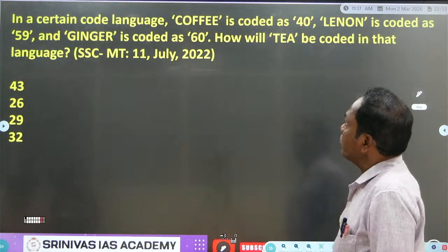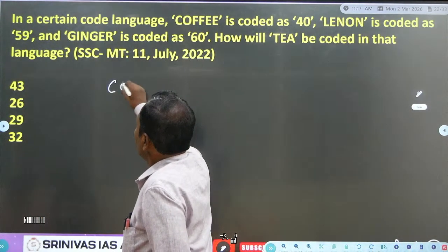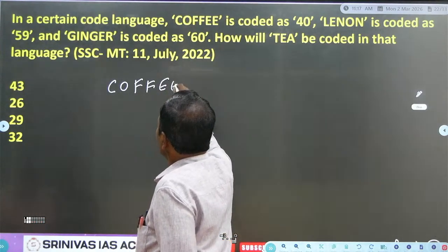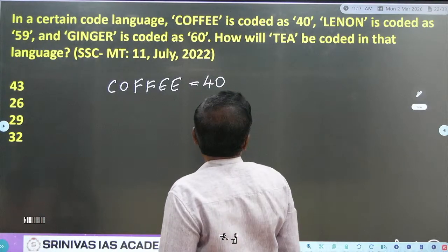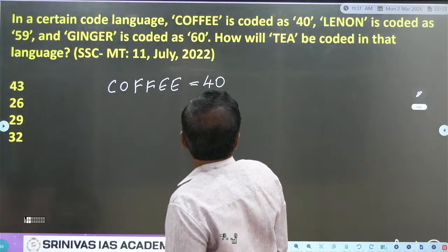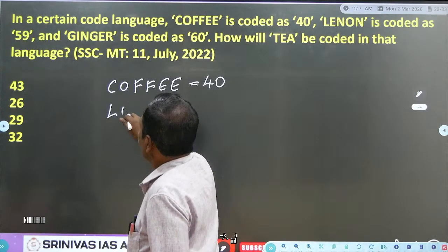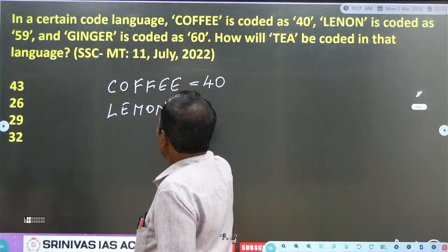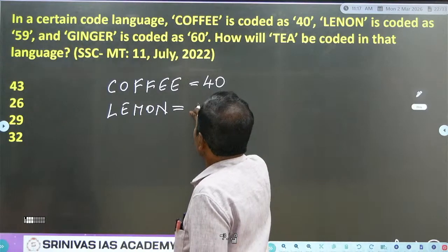Next, in a certain code language, coffee is coded as 40. Lemon, you correct the spelling, is coded as 59.